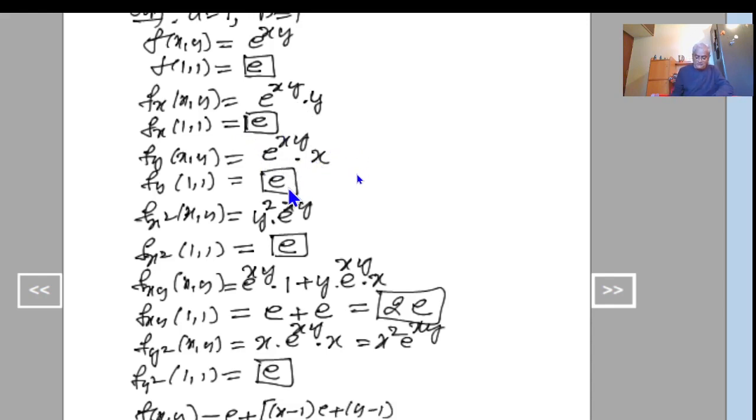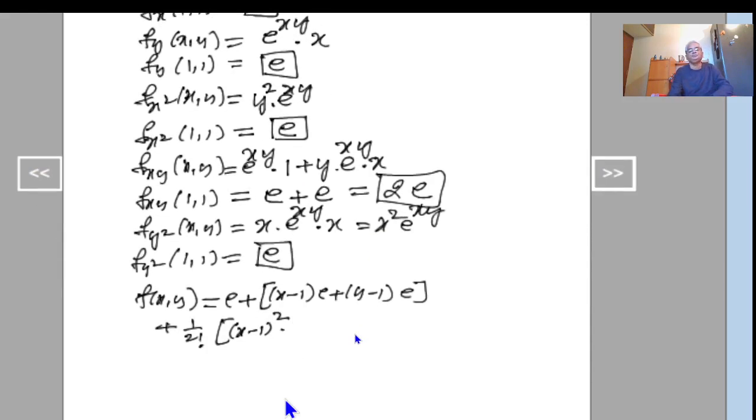Fy is e plus 1 by 2 factorial into x minus 1 square into fx square is e plus 2 into x minus 1 into y minus 1 into fxy.